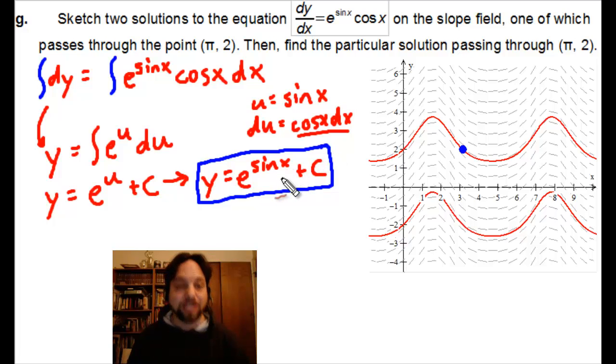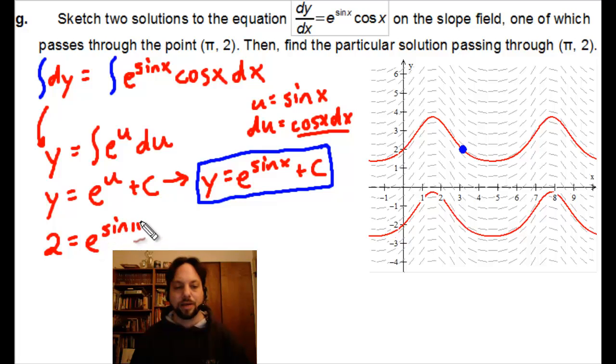If we want the particular solution passing through the point pi comma 2, let's just do a little bit of work. y will be 2 and x will be pi. And all we need to do then is just solve for c. Well, let me go ahead and work this out a little bit nicer. What I'll end up with is 2 equals e to the sine of pi, which is actually just e^0, plus c.